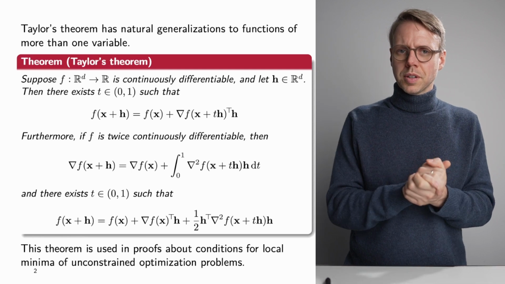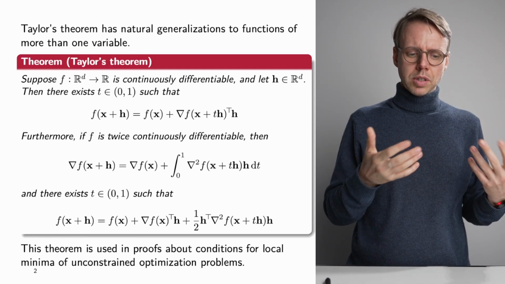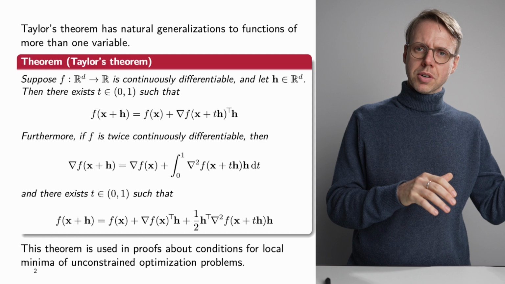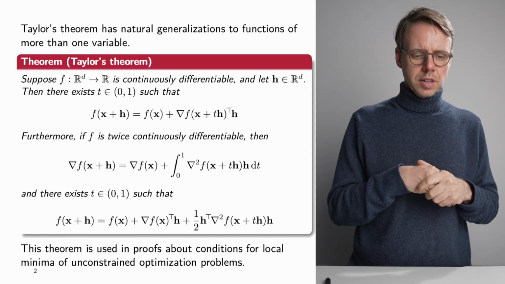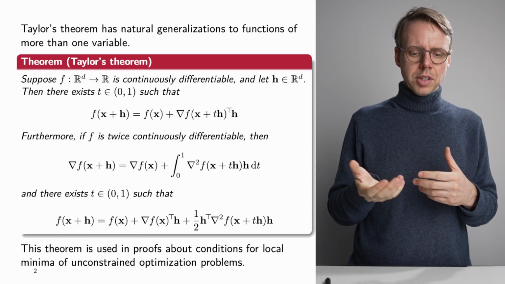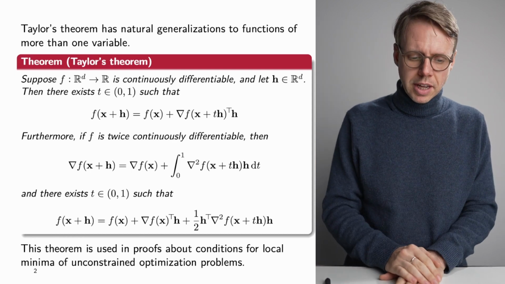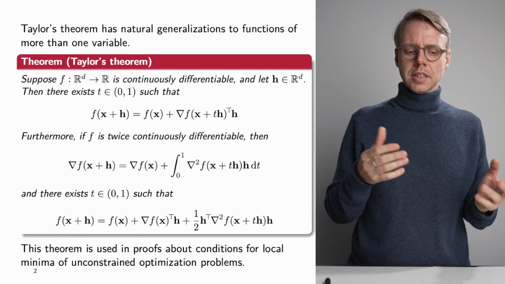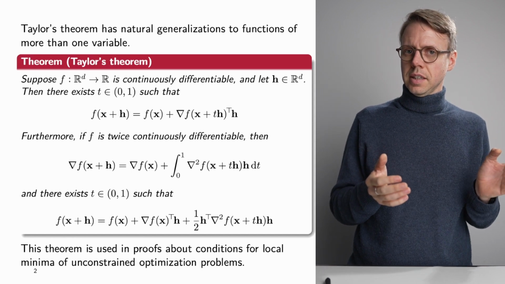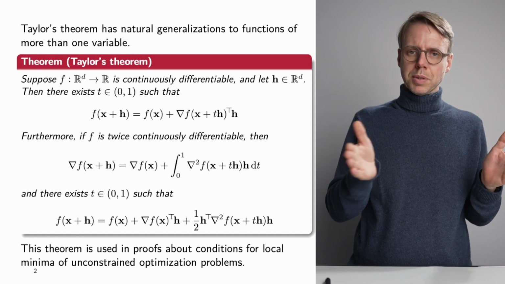So let's review Taylor's theorem. Suppose our function f, which goes from R to the d, so it's a high-dimensional function, is continuously differentiable, and we have our displacement vector h. Then there exists a scalar t that is in the interval between 0 and 1.